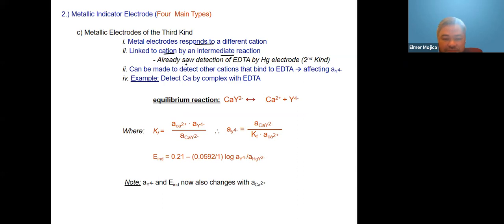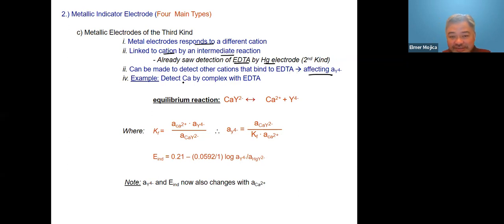So you already saw the detection of EDTA by the mercury electrode. That's the second kind. And you can make it detect other cations because, as I told you, EDTA binds to other metals. And when that happens, it can affect the concentration of the EDTA ion that forms.